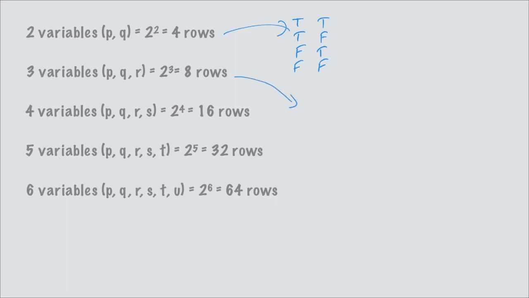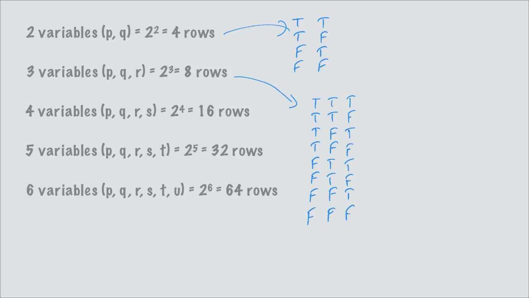With 3 letters, P, Q, and R, 2 to the third is 8. In this case, I get 4 trues and 4 falses, and then true, true, false, false, true, true, false, false, and then true, false, true, false. Not bad, but things are starting to get long.